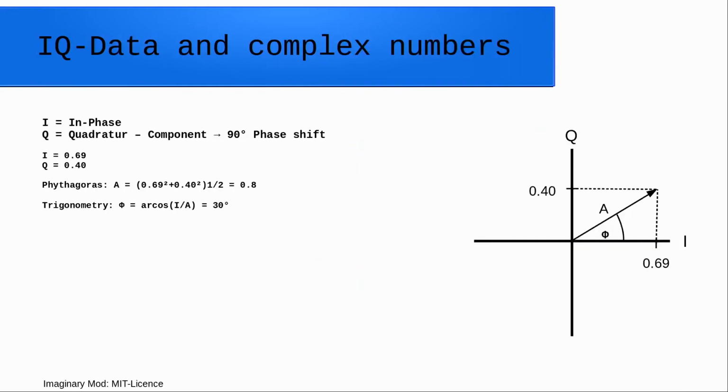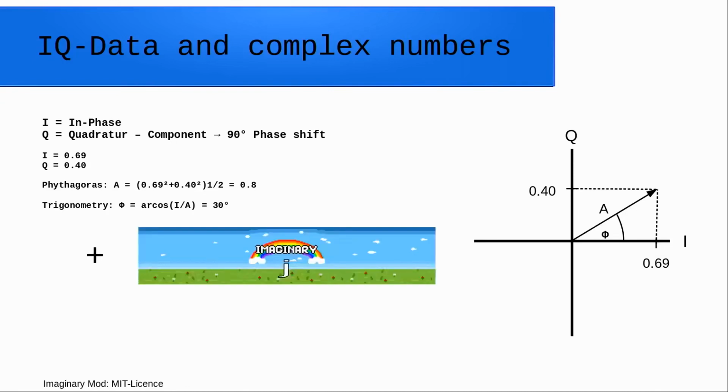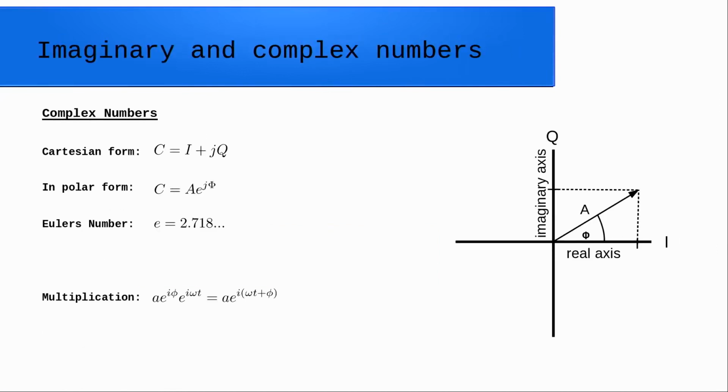So let's go back to the IQ data. Those IQ data are closely related to complex numbers. To get a complex number, let's add some imaginary unit j. So we get our complex number as c equals I plus j multiplied by Q, which are again our in-phase and quadrature components. Complex numbers you can write in the Cartesian form, which I showed.